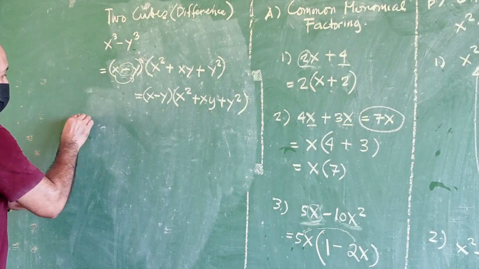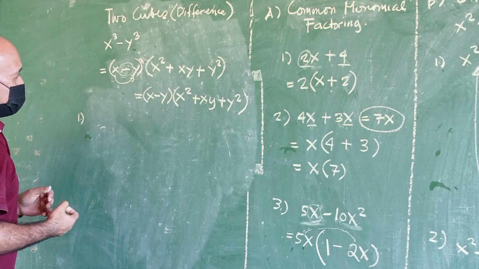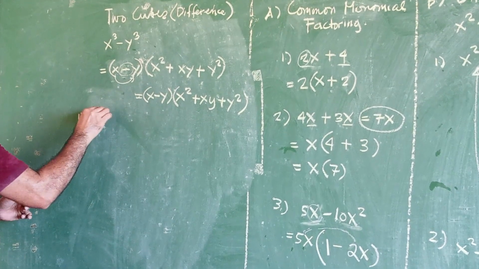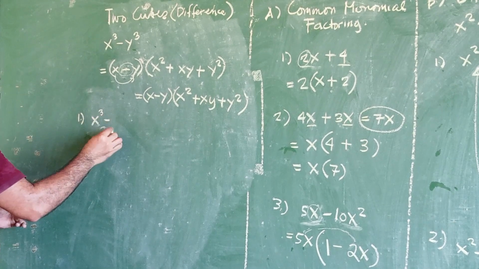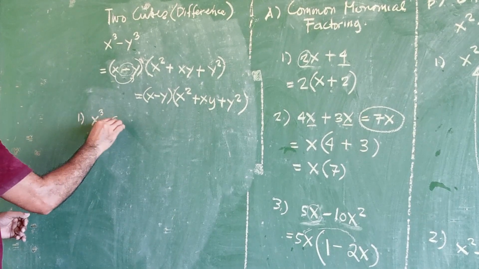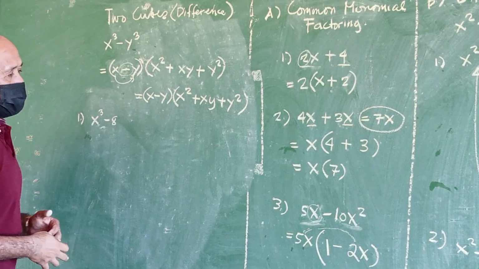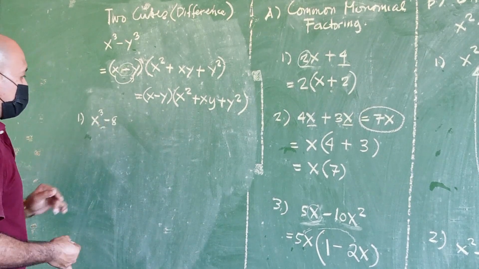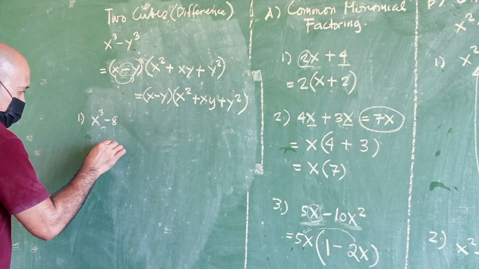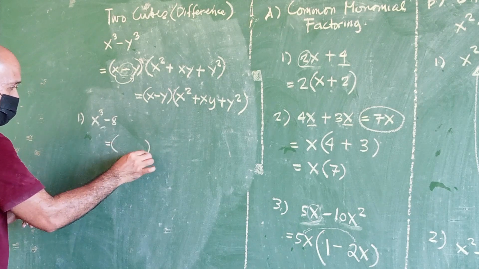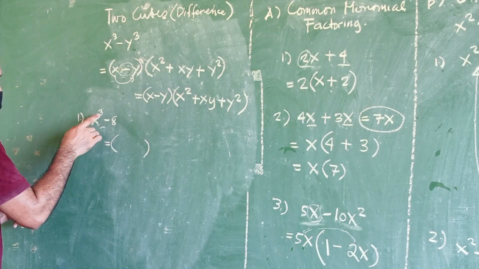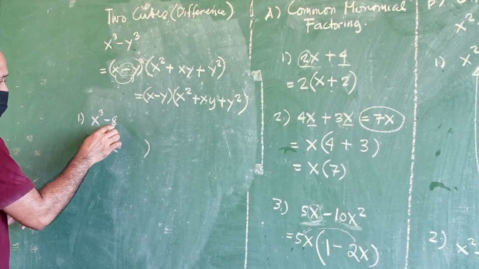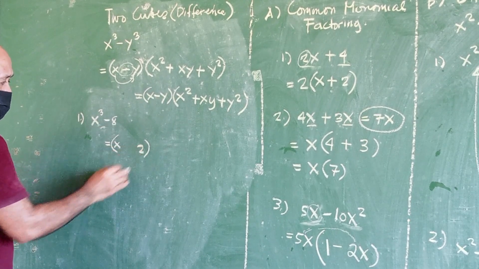Now let us use another example. This time, supposedly you have x cubed minus 8. The same as in sum of two cubes, only that we change the operation here. So just remember, the cube root of x cubed is x, and the cube root of 8 is 2.